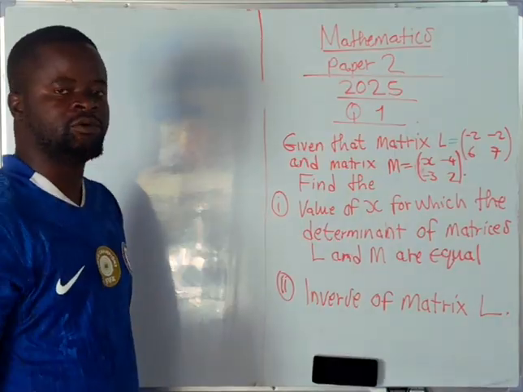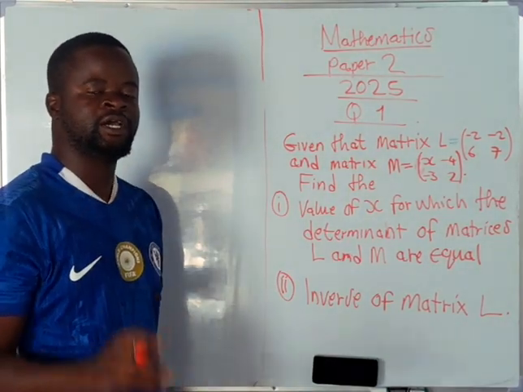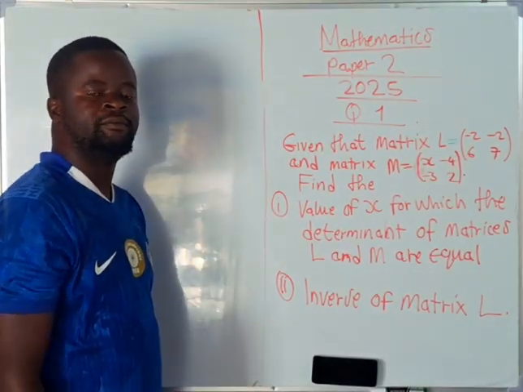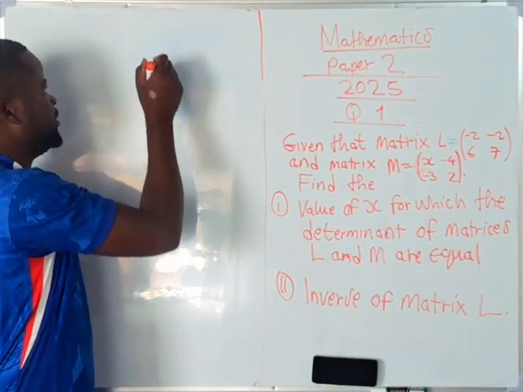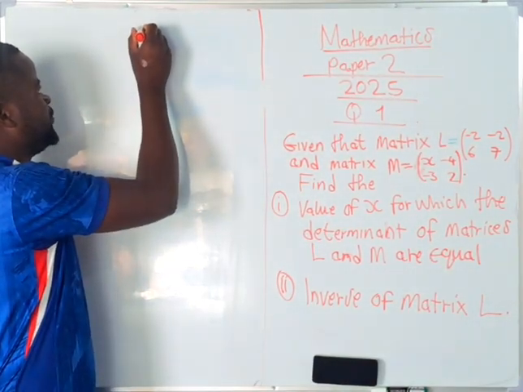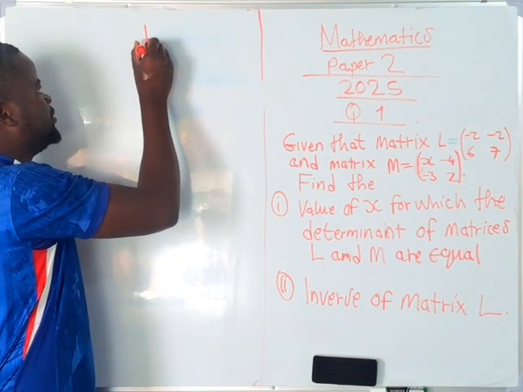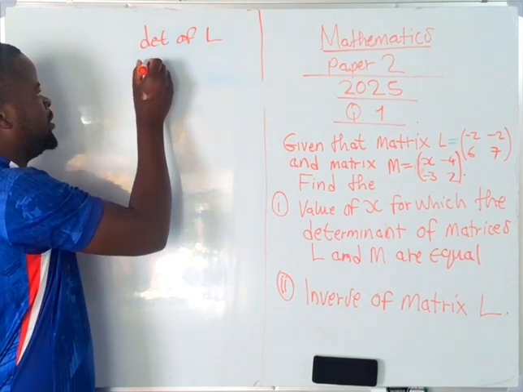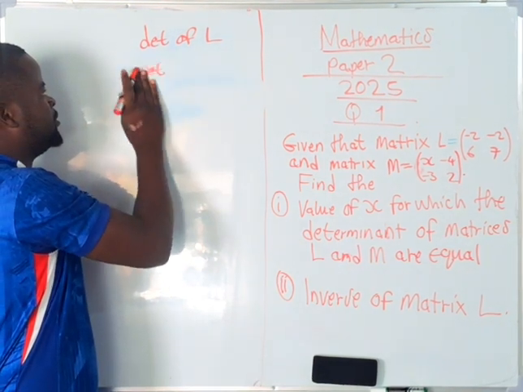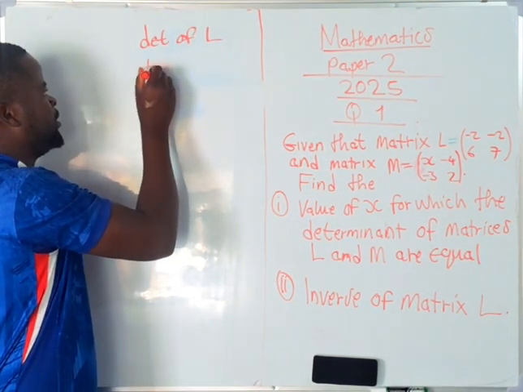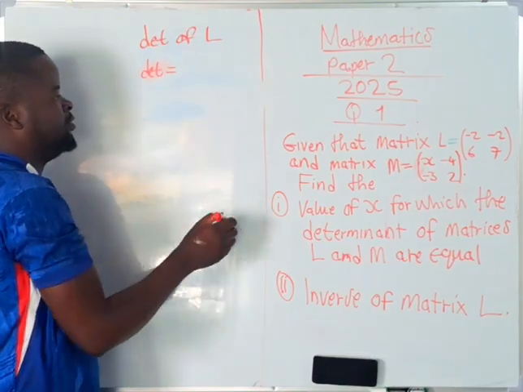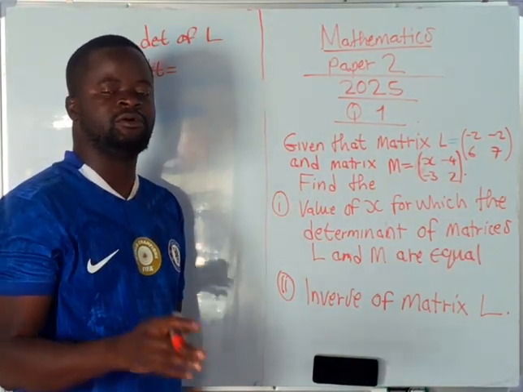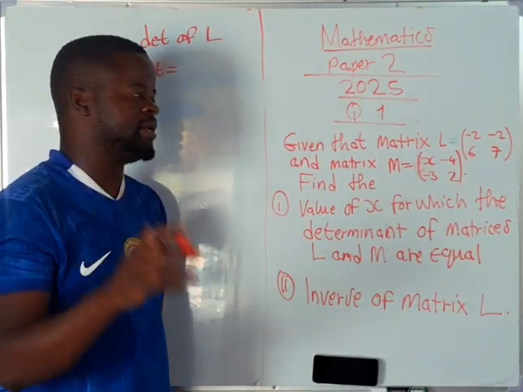So the first step to find the value of x is to find the determinant of matrix L. Remember, the formula is the product of the major diagonal minus the product of the minor diagonal.